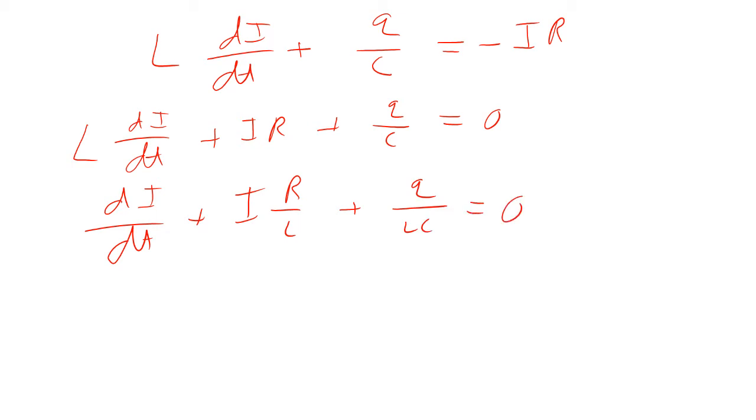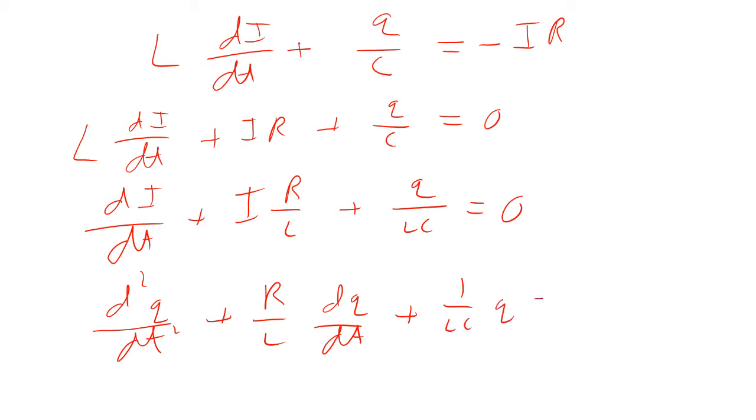We know that I equals dQ/dt, so we have the second derivative of Q with respect to time squared, plus R over L times dQ/dt, plus 1 over LC times Q equals 0. And so this is a differential equation that we want to solve.